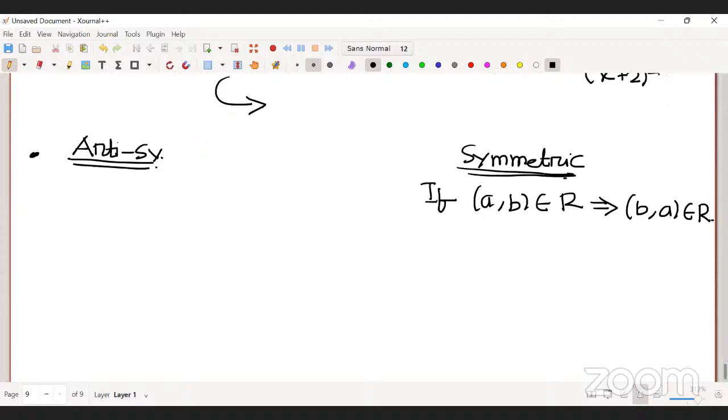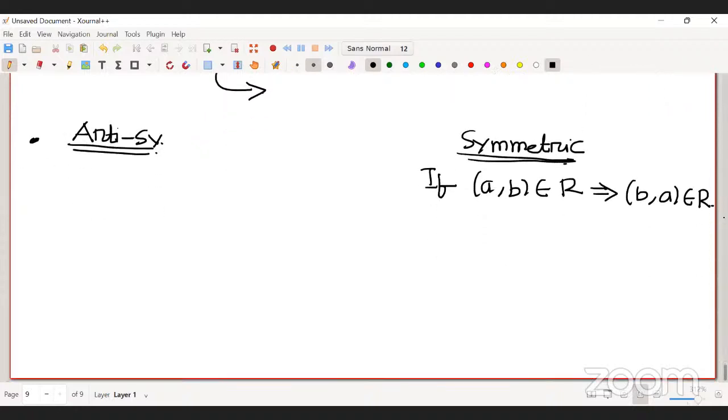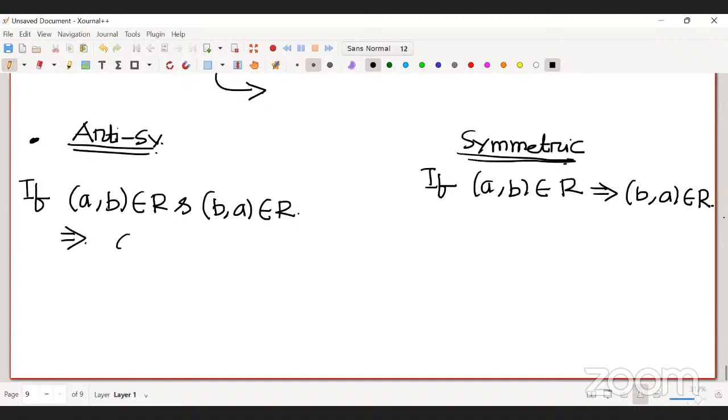Anti-symmetry is something different. It says that if (A, B) is in R and (B, A) is in R, this should imply that A is equal to B. These are the two definitions.